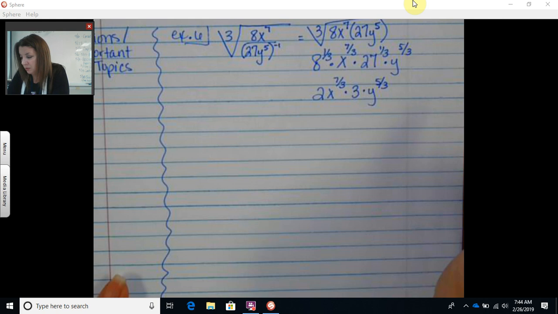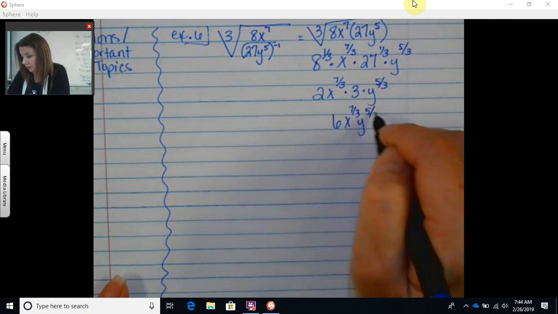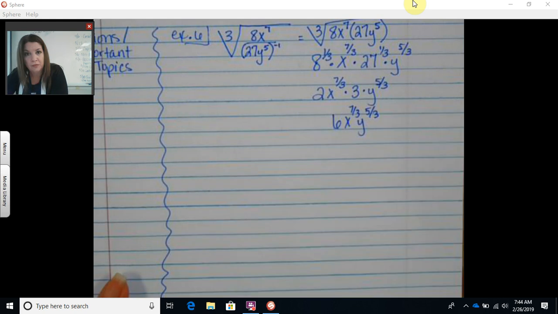Okay, can I multiply the 2 and the 3 together? Yeah. So that's going to be 6x to the 7/3, y to the 5/3. So since technically the directions just said rewrite using rational exponents, I'm not going to turn those back into radicals, the variables, to see if I can simplify them.